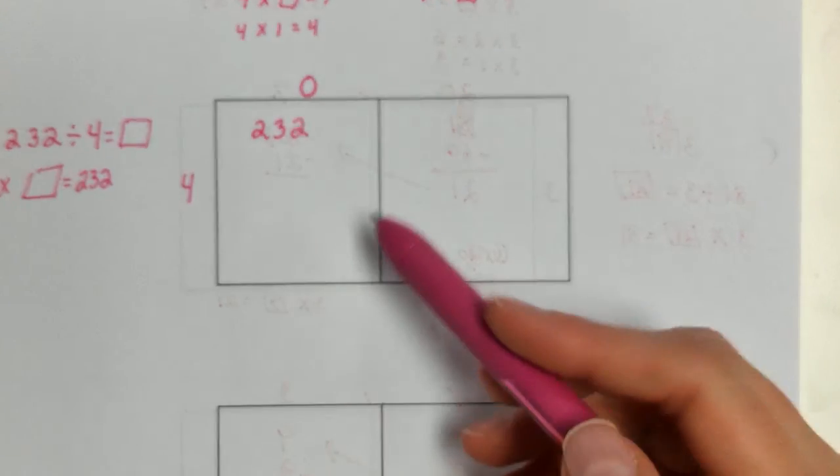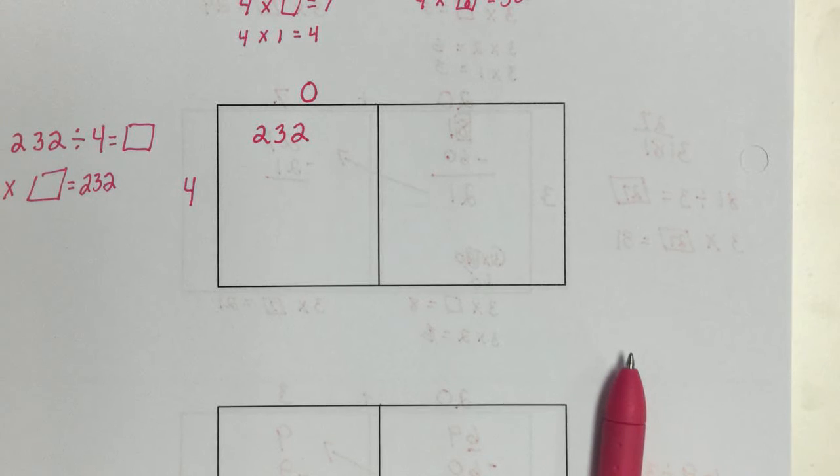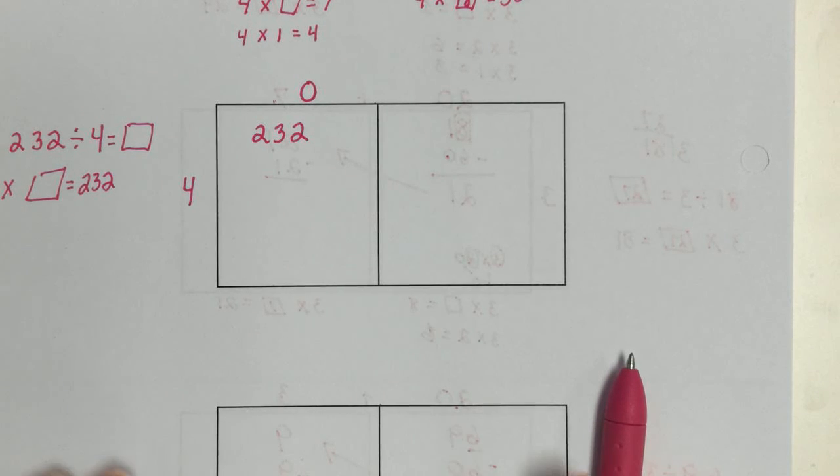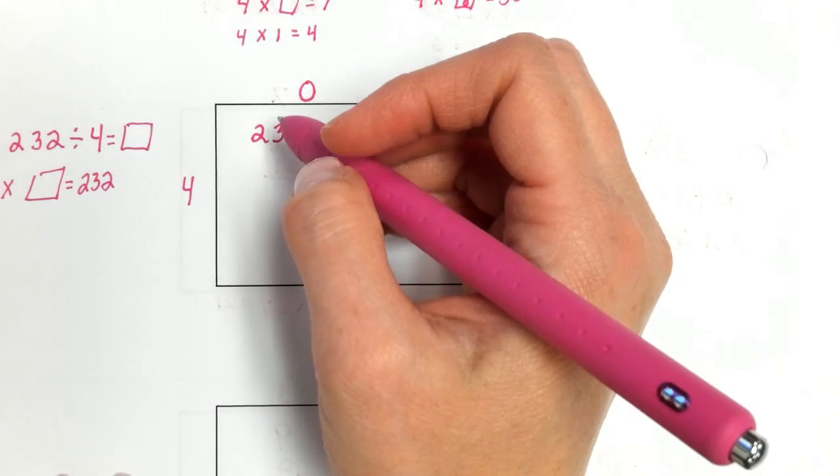And then I write my 232 right there. Give me just a second. Is it 4 times negative 20?